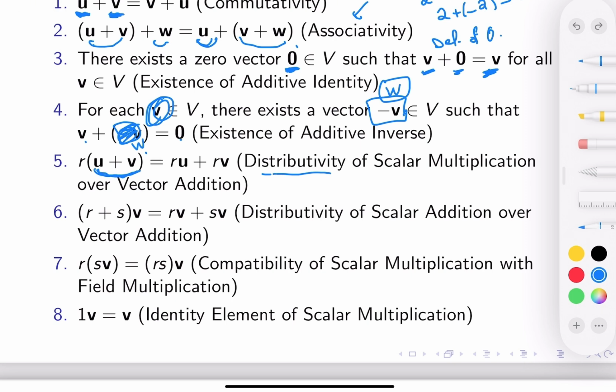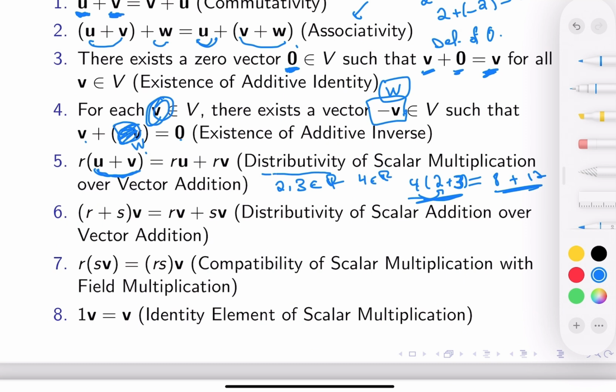In R, for real numbers, if we take two numbers, say 2 and 3, and we take a scalar in R, in this case 4, and you look at 4 times (2 plus 3), we know from the rules of expansion in R that the distributive law holds. This is the same as 4 times 2, which is 8, plus 4 times 3, which is 12. Thus distributivity works in R.